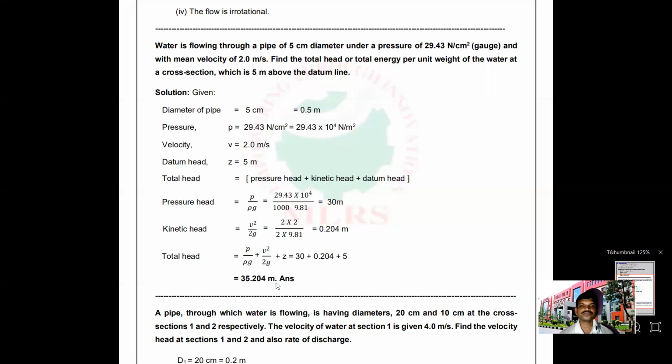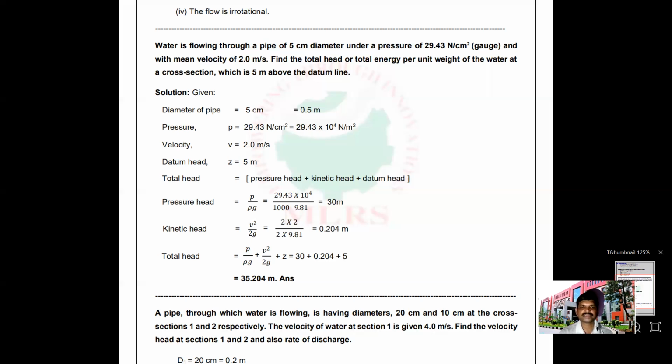Okay, so just a simple recap. First write the equation, Bernoulli's equation. That means total head: P by rho g, plus V square by 2g, plus Z. In this problem, pressure is given, so substitute that pressure value. Next, rho we already know, 1000 for water, always.